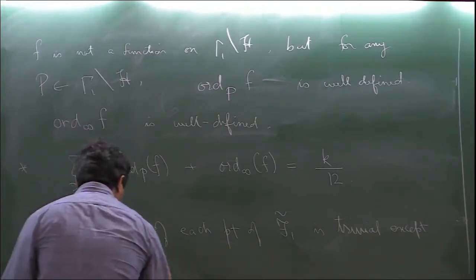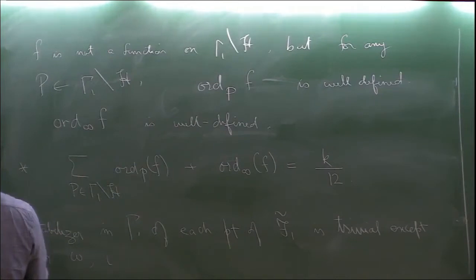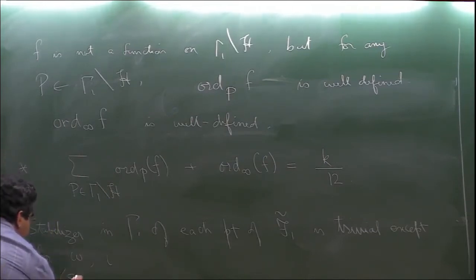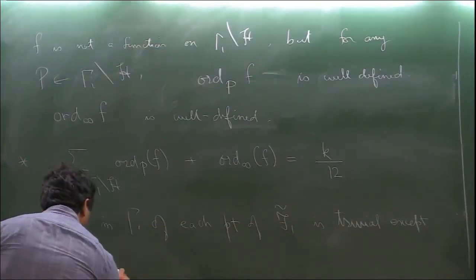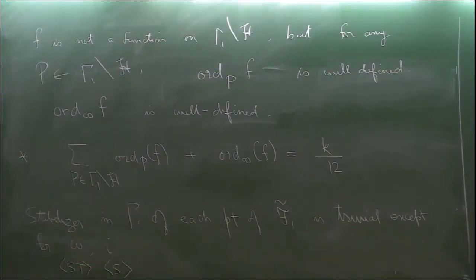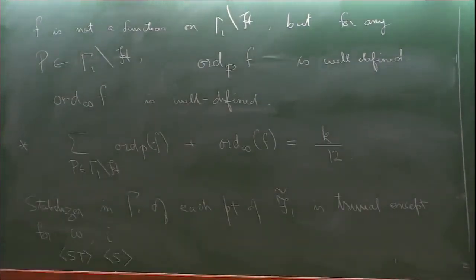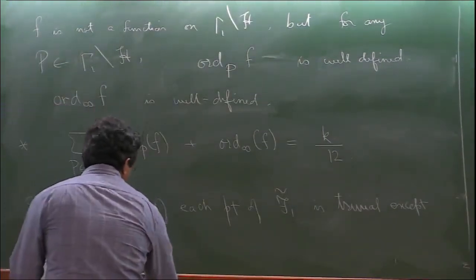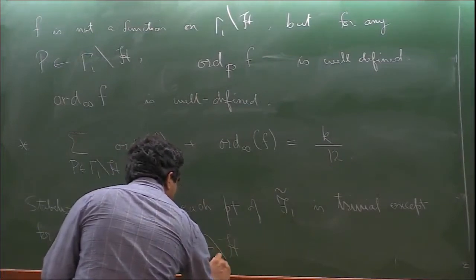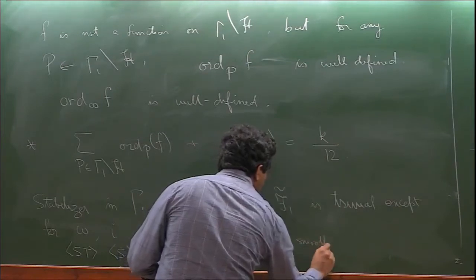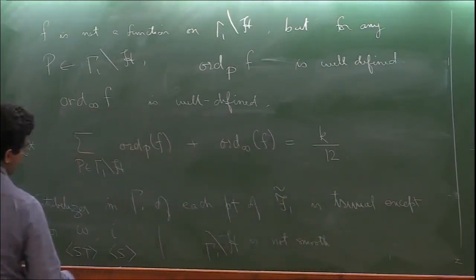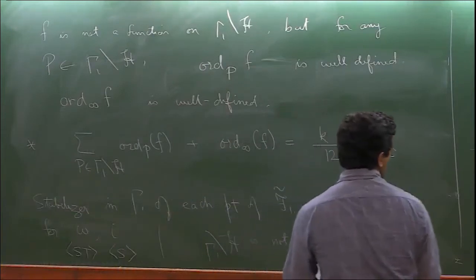And so what is the stabilizer of this? So this is ST, I think. Yeah, so the stabilizer of this is generated by ST, so it's an order 3 group, and the stabilizer of this is generated by S. Okay, so those are the stabilizers. And so what this means is that this is not smooth. Okay, it has singularities at these two points, which is what sort of gives you the dimension that you want.